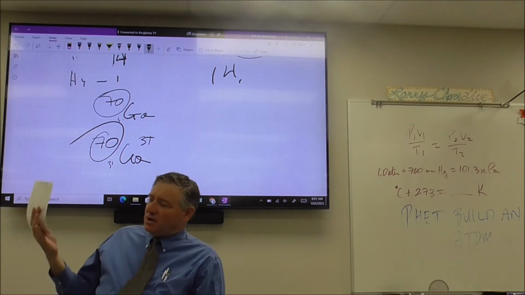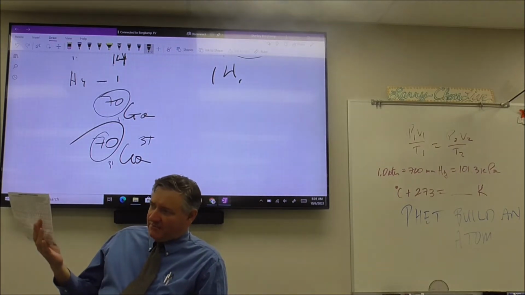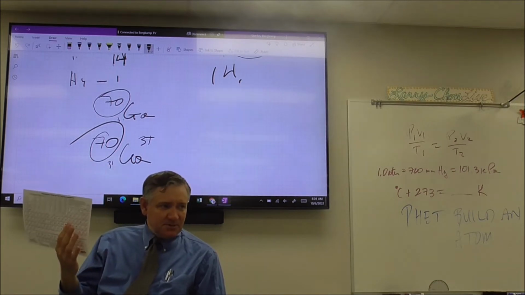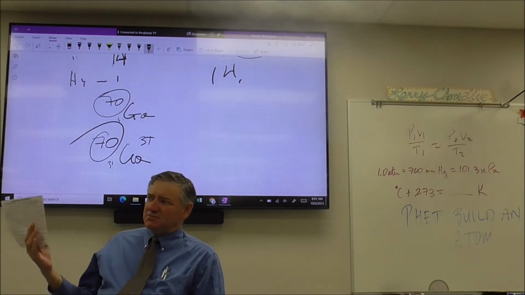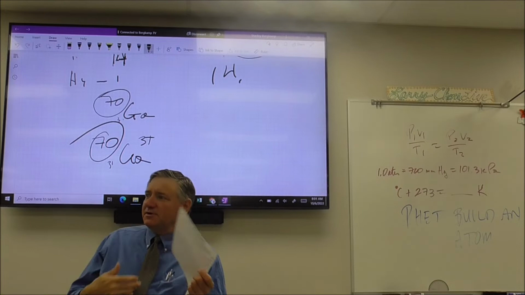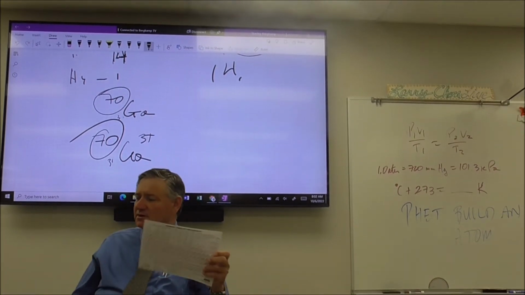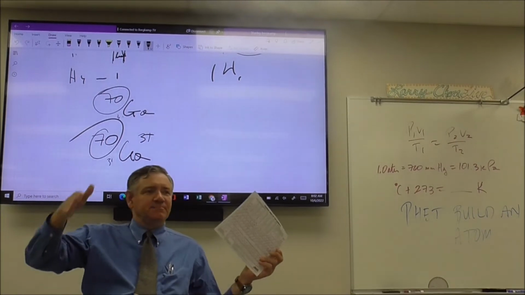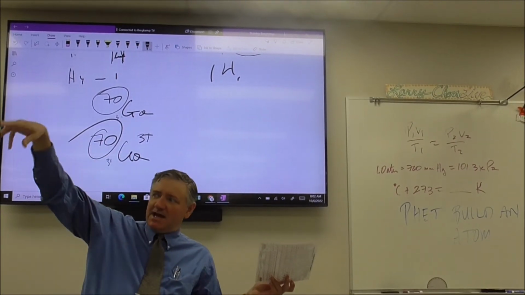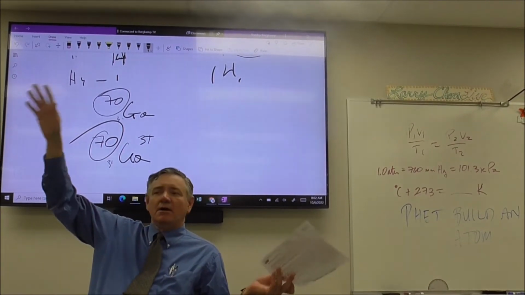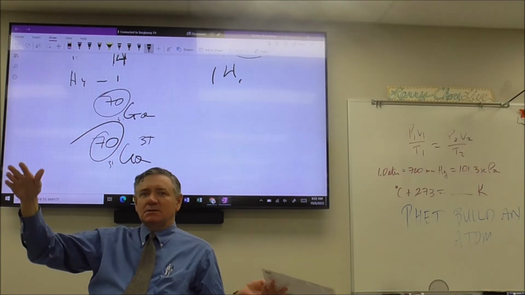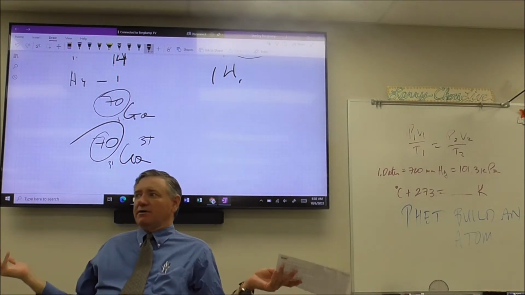So if you know which isotope that you have, and you know the mass number, and you're trying to figure out what's the atomic number, look on your periodic table. You come across and go, oh, gallium, yeah, that's 69.7. So what that tells me, since that relative atomic mass of gallium is 69.7, the most abundant isotope of gallium is probably gallium 70.